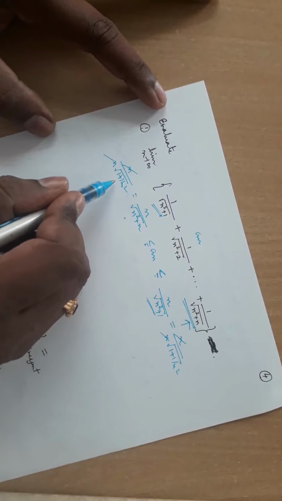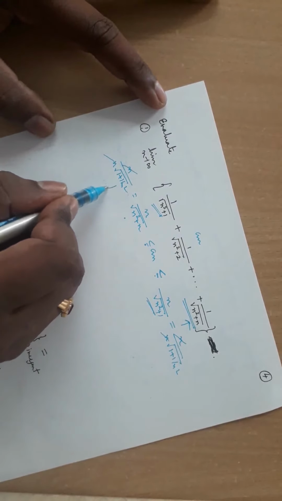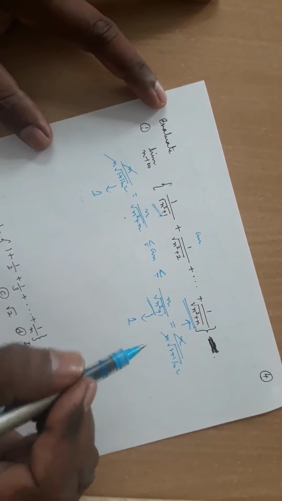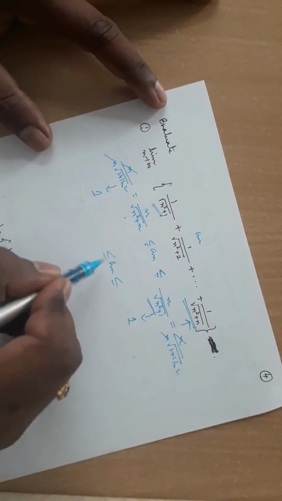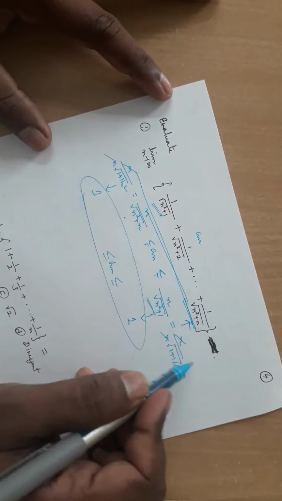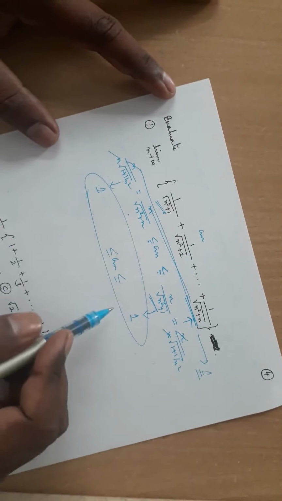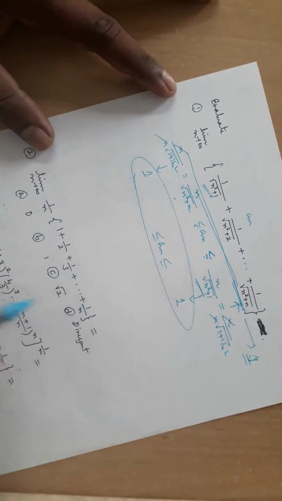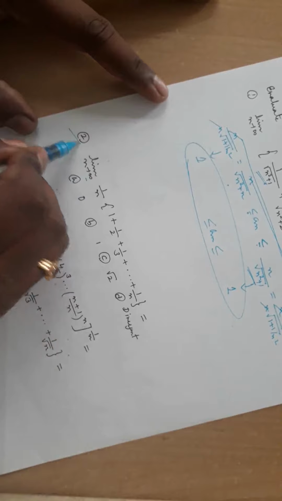As n tends to infinity, this will converge to 1. As n tends to infinity, this will converge to 1. So an is lying between 1 and 1. That means by the squeeze principle we can say this converges to 1. So the limit is 1 for this. Did you understand the technique? So how about this?